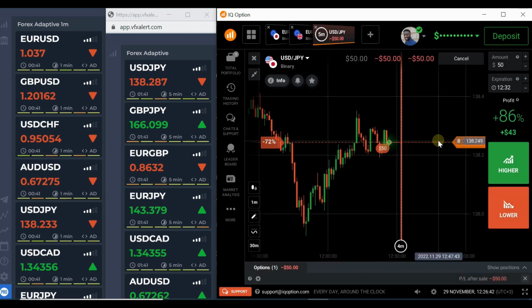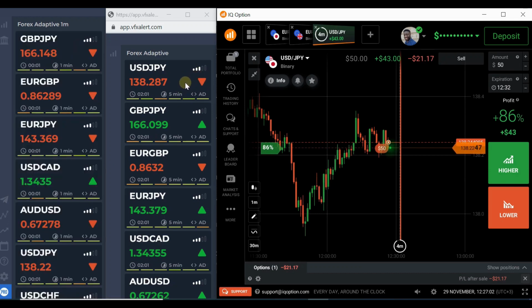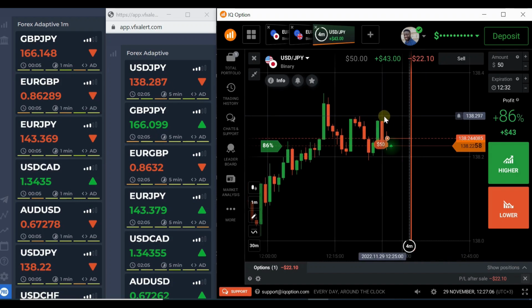Then I can take a put option because the red signal represents a put option. The green one represents a buy option. But here, both in 1 minute and in 5 minutes, we're having a red signal bar. So we are required to do a put option. So let's wait for the outcome.